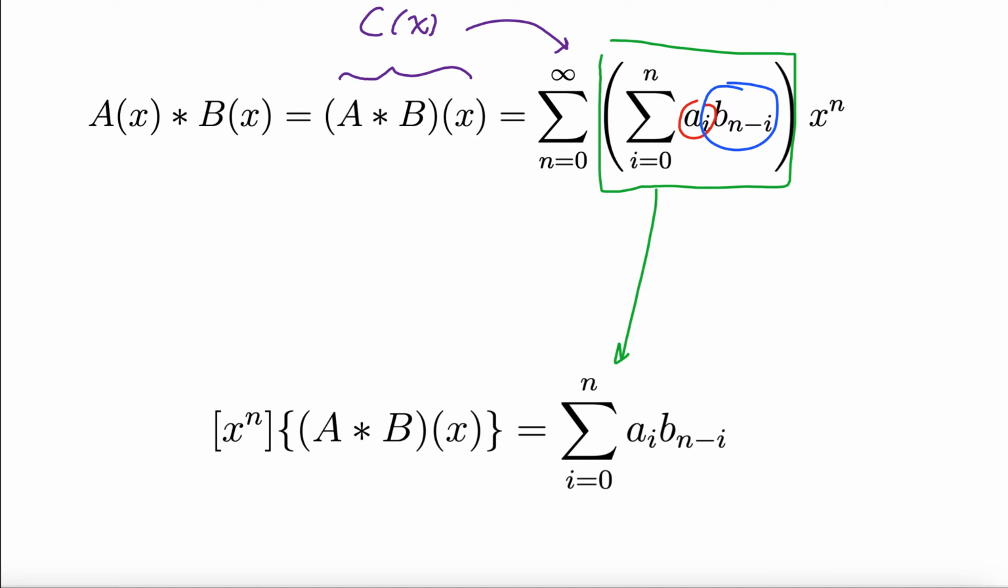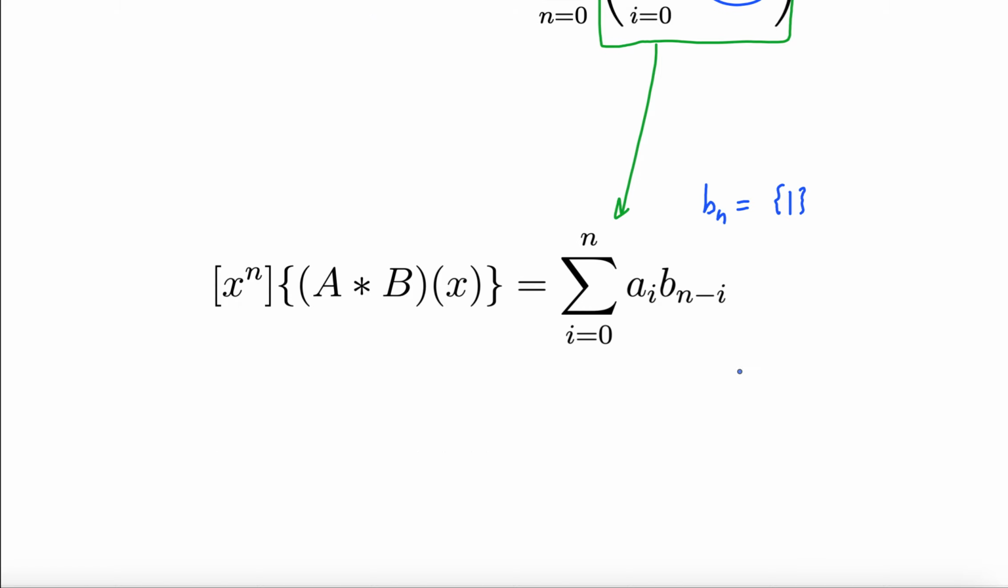And so you might wonder what we would do here. Well, let's play around with some different functions and see what we get. What if the second sequence, the b sequence, was just simply all ones? So we say b sub n minus i is equal to the 1 sequence, which looks like this, all ones. Then what do we get?